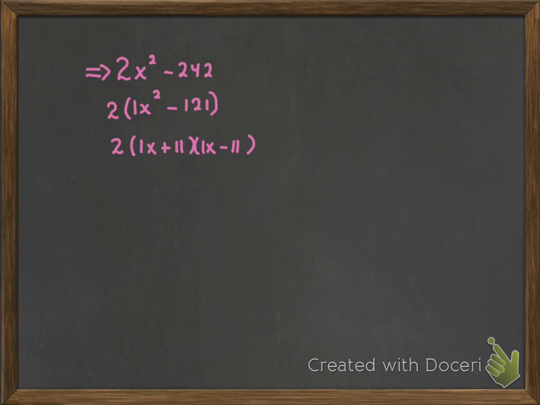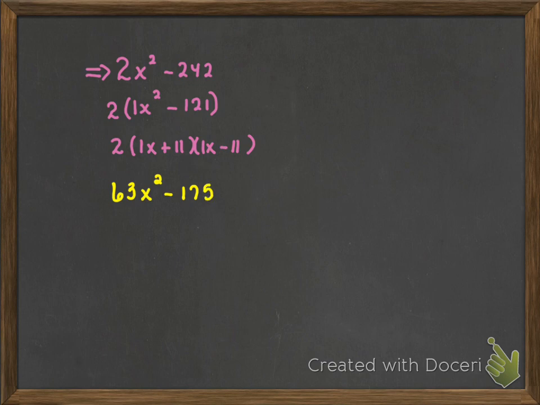Another example of that would be something like 63x squared minus 175.